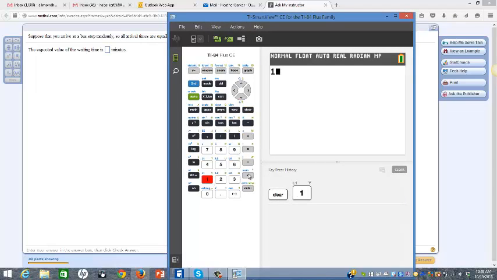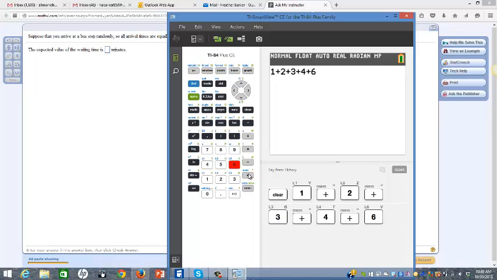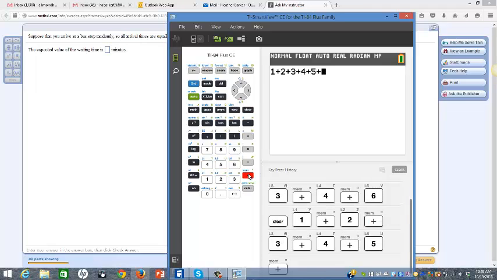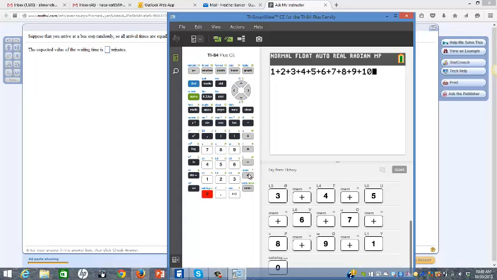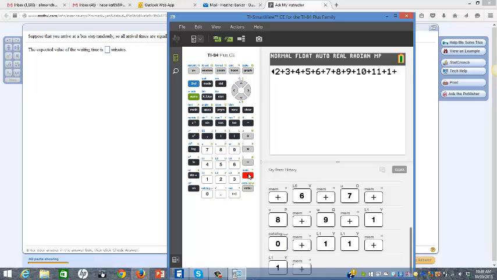So I'm going to do 1 plus 2. I'm going to use my 10 key over here. 3 plus 4 plus 5. You just got to be careful here. There's a short way to do this, but I'm just going to do it the long way. Plus 12. You got to be careful not to make mistakes. 13.